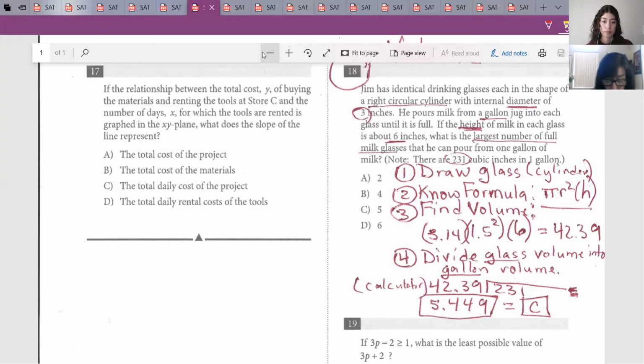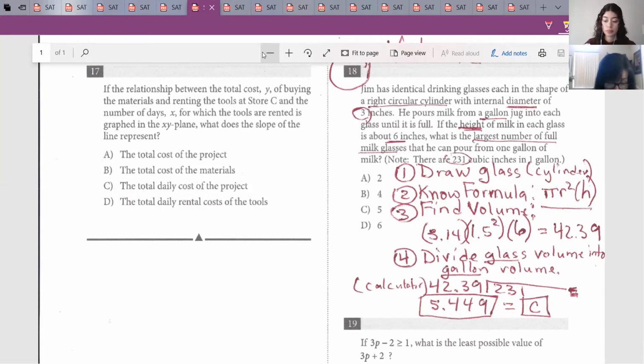Now that's our possible answer, but it says, what's the largest number of full milk glasses? So divide the glass volume into the 231, the total number of cubic inches in a gallon. 42.39 into 231 will give you 5.449.